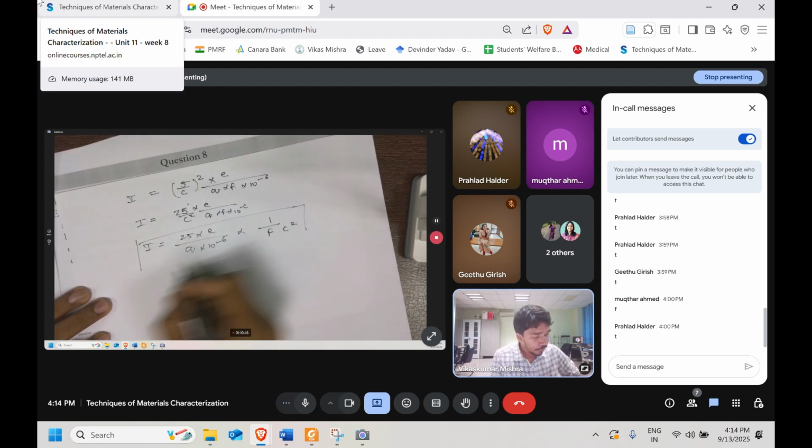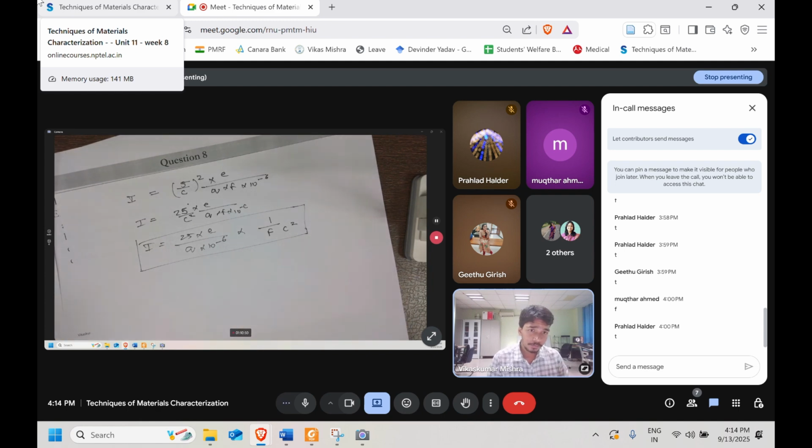Now using this we can answer multiple things. For a particular contrast, let's say we are keeping our contrast constant.